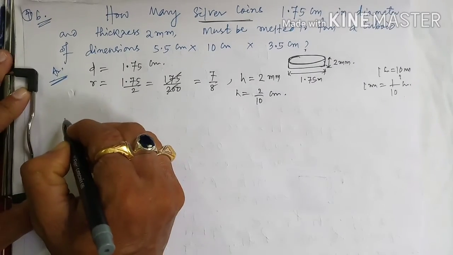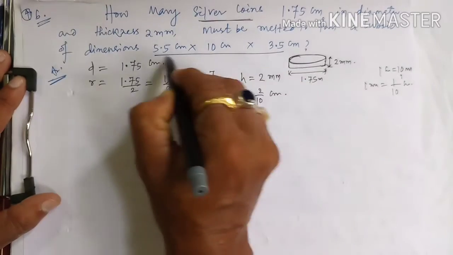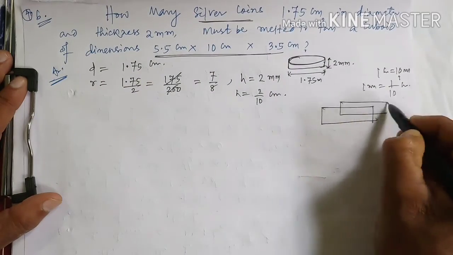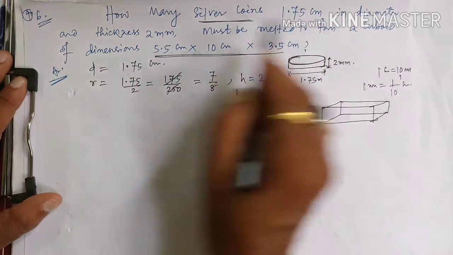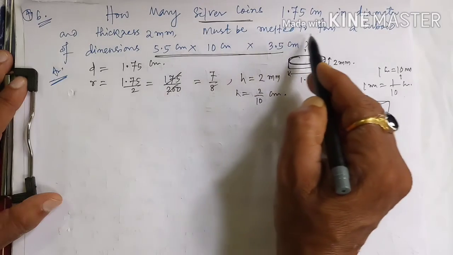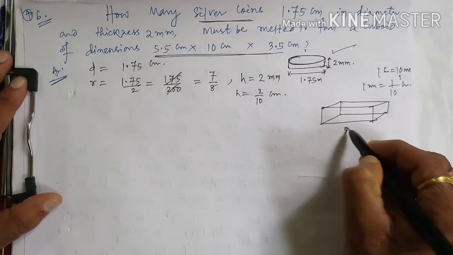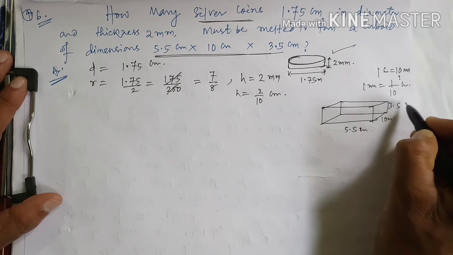So finally, now these can be melted into the cuboid form. The coins must be melted to form a cuboid of dimensions, that means the number of silver coins we have to calculate. The length is 5.5 centimeter, the breadth is 10 centimeter, and the height is 3.5 centimeter.